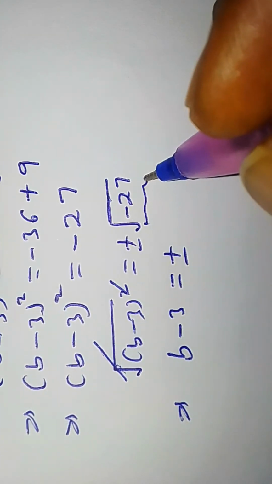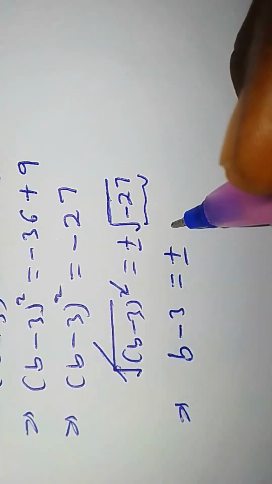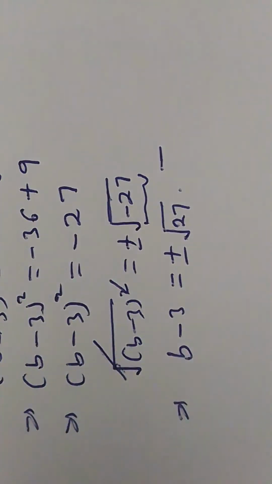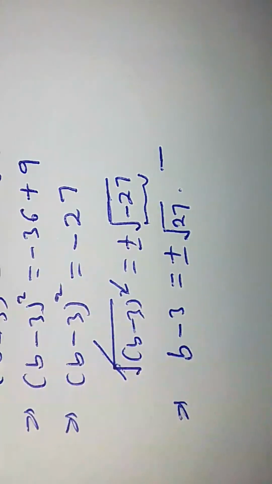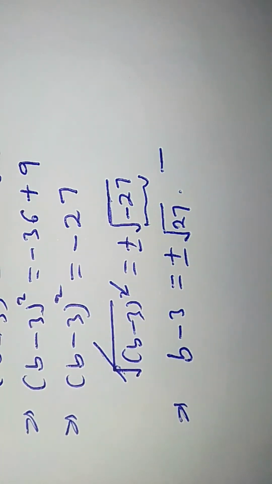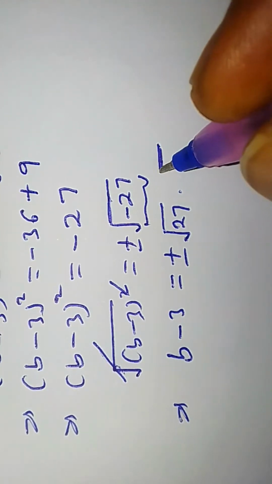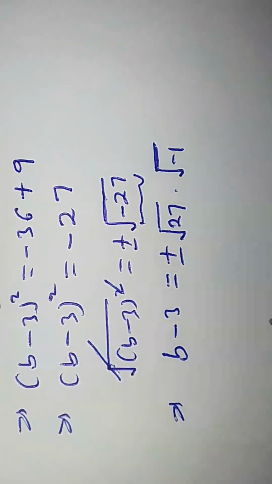We can rewrite square root of minus 27 as, let's continue, so we have square root of negative 1.